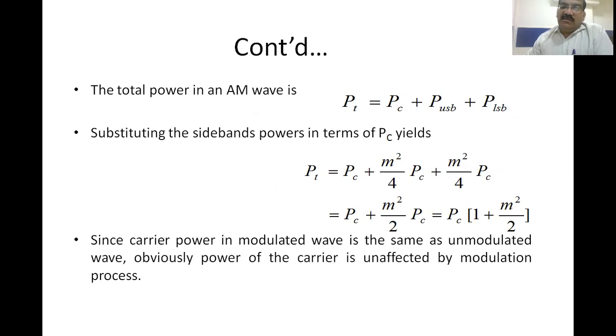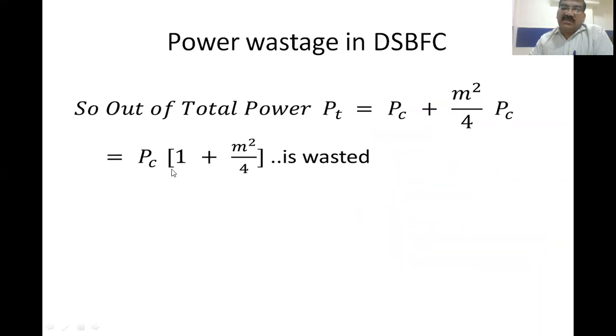By sending only this information we can convey the signal and do what is required. So only one sideband is required, and this much we are wasting, that is PC plus m square by 4 into PC. Taking PC outside, that is PC into 1 plus m square by 4. This much power we are wasting. So this is the conclusion here.